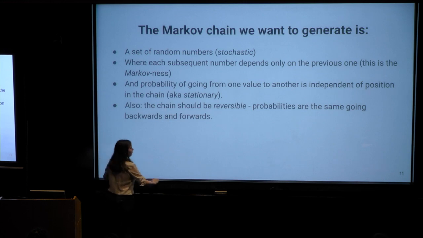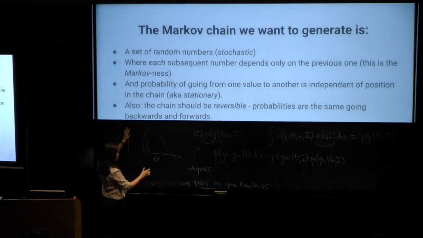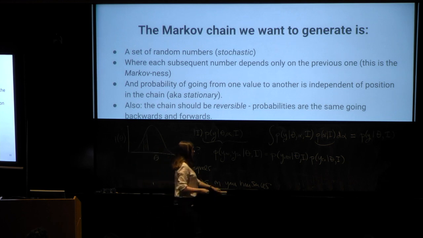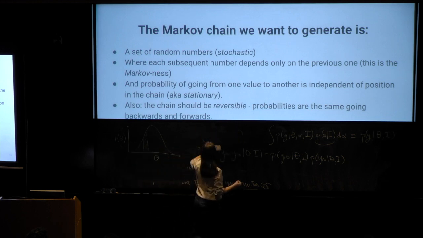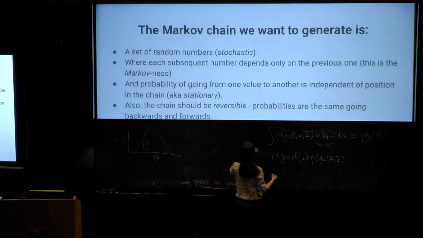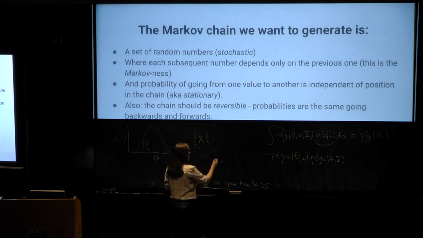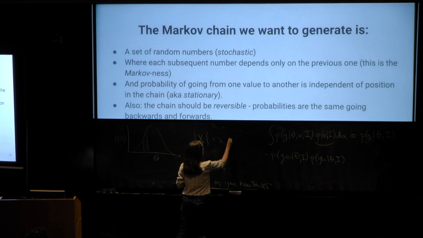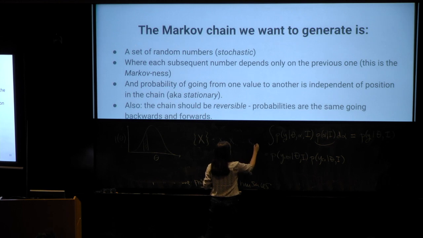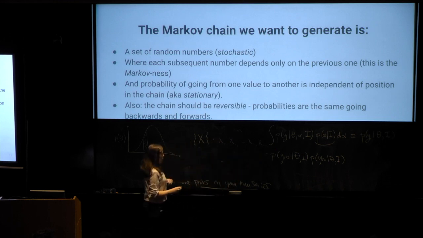A Markov chain is a stochastic process where we're going to have a set of numbers, let's call it x, and this is just a sequence, x0, x1, dot, dot, dot, xn, xn plus 1, etc. So this can be any stochastic sequence or chain.